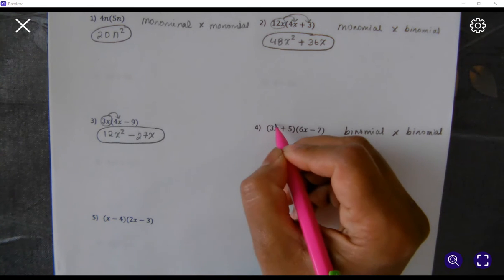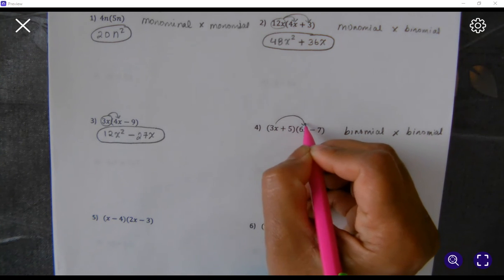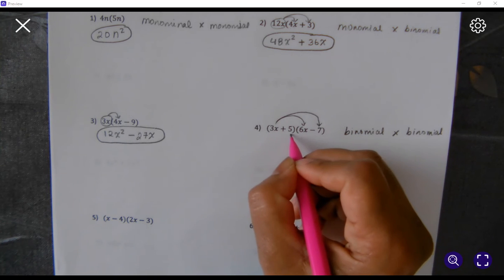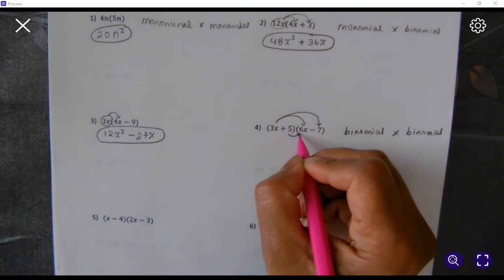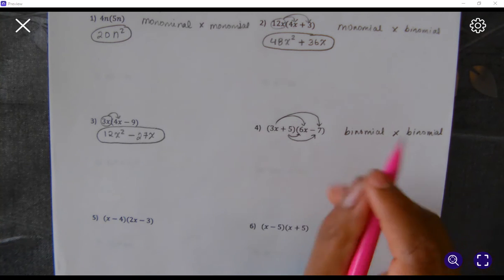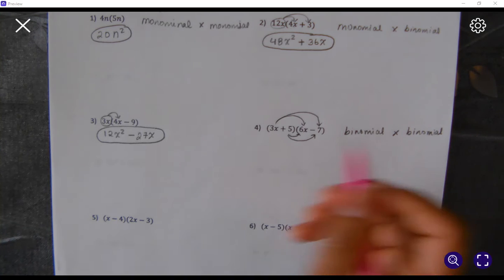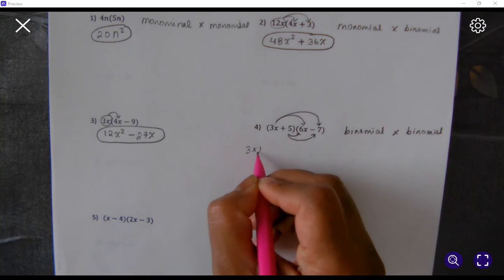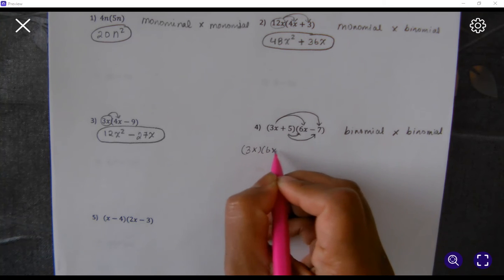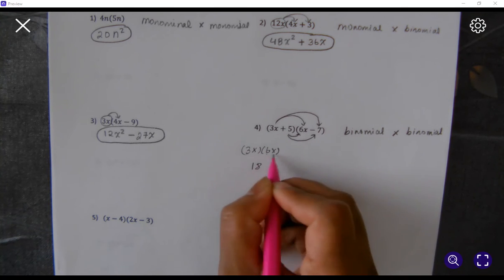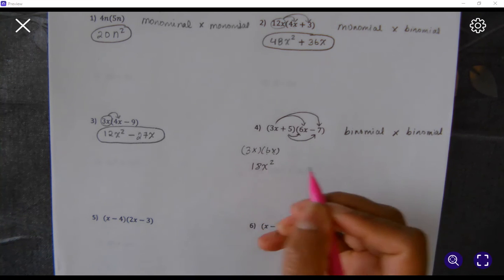So we're going to first do 3x times 6x, then 3x times negative 7, then 5 times 6x, and then 5 times negative 7. Everything gets multiplied. So you have 3x times 6x, which is 3 times 6 is 18, and then x times x is x squared.